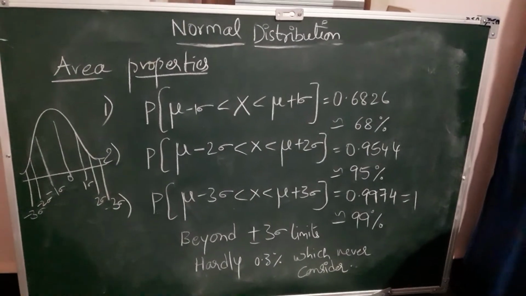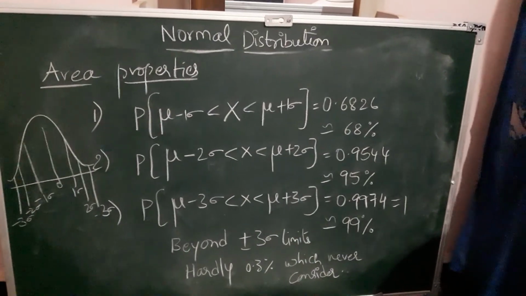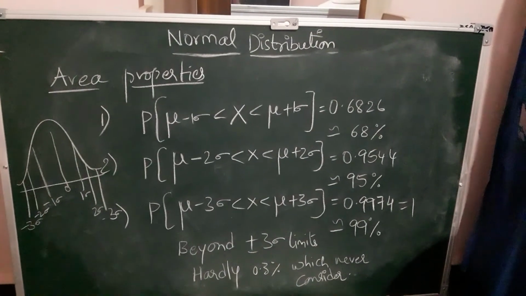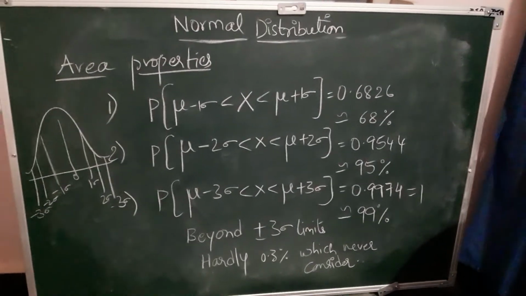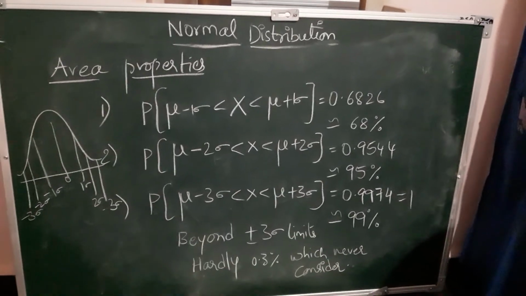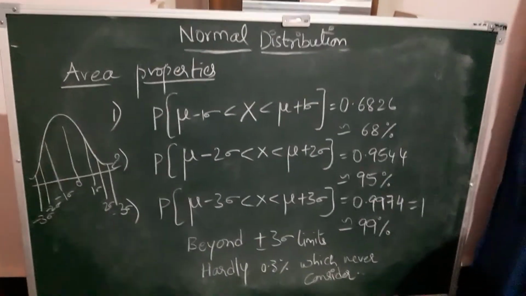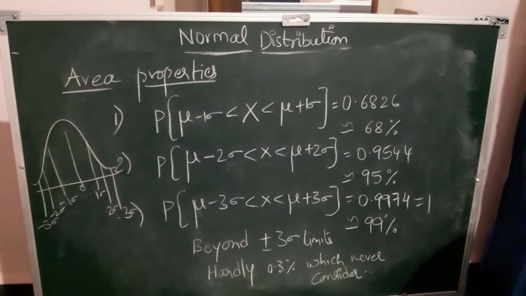Fine. There is one more formula which we are going to use, that is standard normal variate, in short form SNV. That is our next concept. And another thing, on WhatsApp I have shared the normal tables.